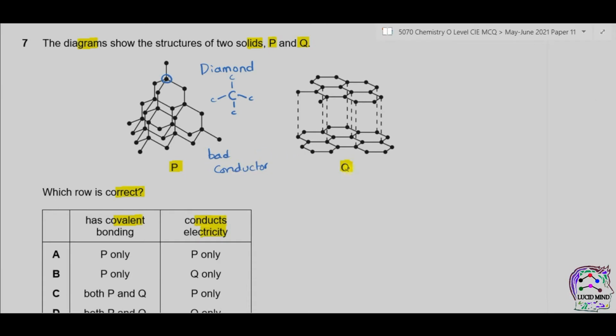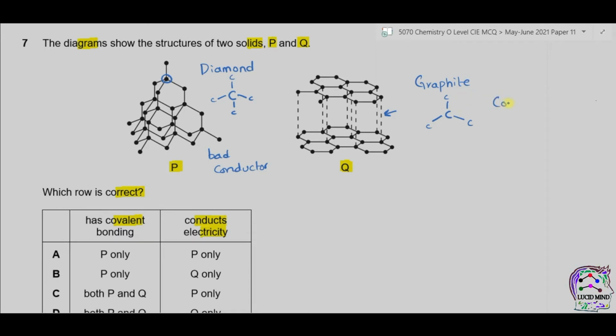Now moving towards Q, we have the structure of graphite. Graphite is also made up of carbon atoms, but the difference is that in graphite, one carbon makes 3 single covalent bonds with other 3 carbon atoms. And between the 2 layers of carbons, there are weak intermolecular forces of attraction. These are not bonds. Covalent bonding is present among carbon to carbon atoms.